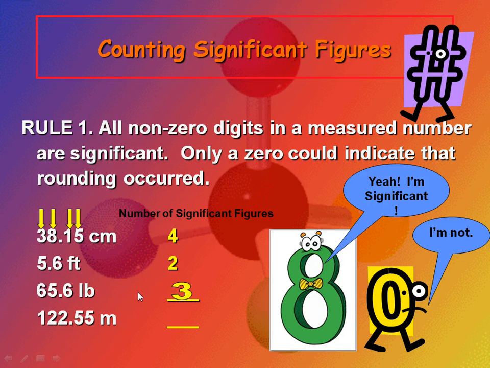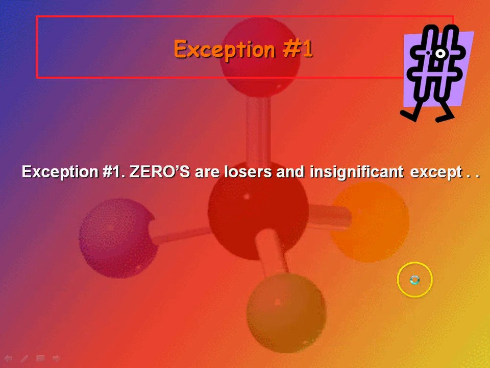So how many here? You are so smart. That is correct. Five significant figures. And we have 8, I'm significant. 0, I'm not. So sometimes 0 is significant, sometimes it's not. Okay? And we'll get to those details coming up.